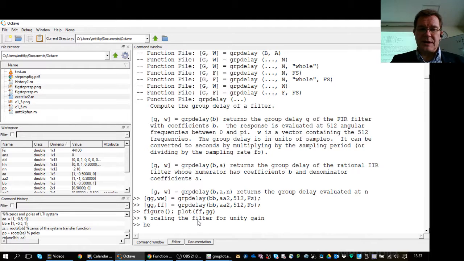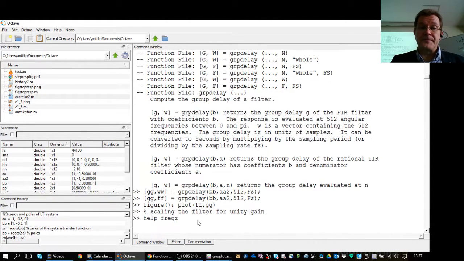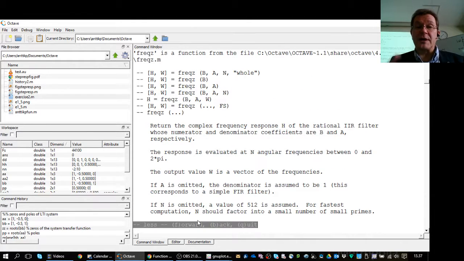Let's take first help on Freqz. So we already calculated the frequency response. How about if we calculate the frequency response again, and we actually get the value of it somewhere?